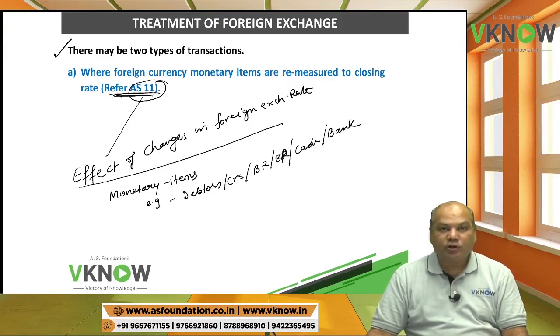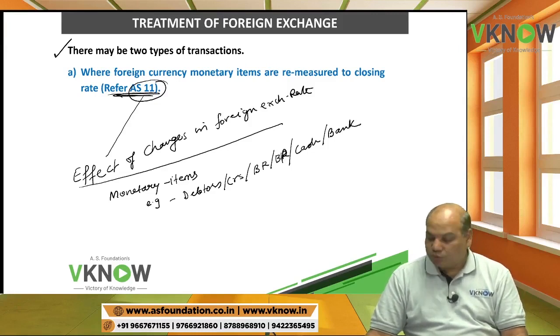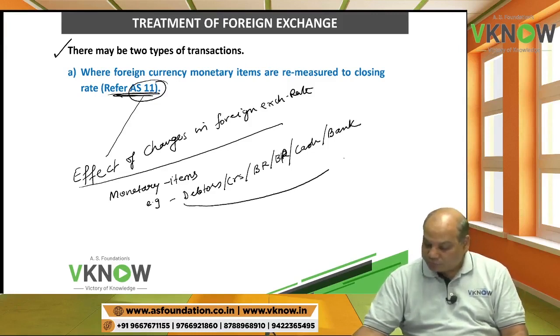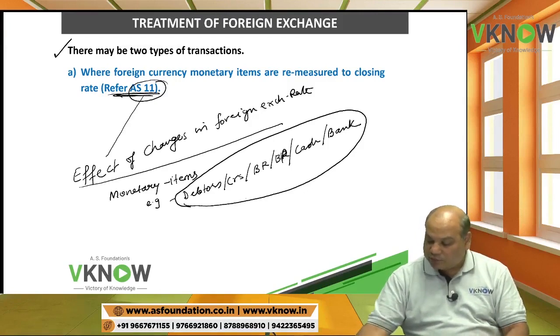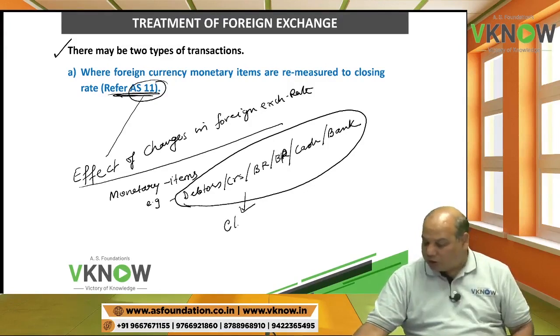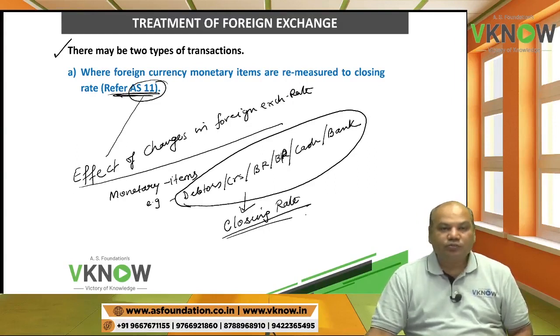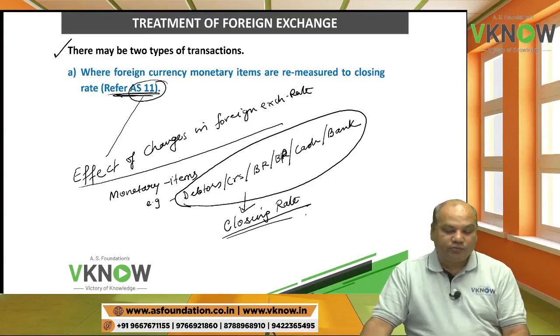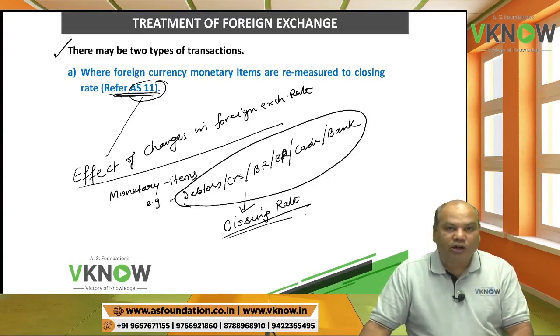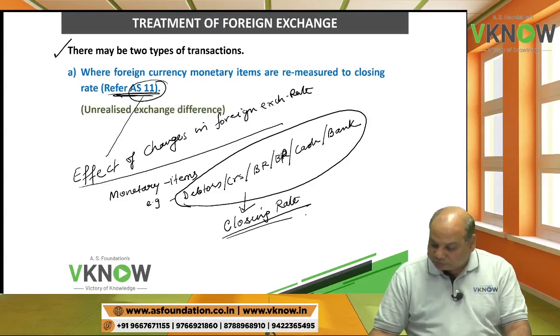These are the examples of foreign currency monetary items. And what AS11 says, they will have to be measured at closing rate on the balance sheet date.